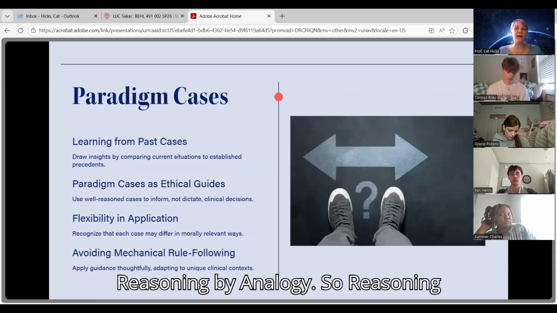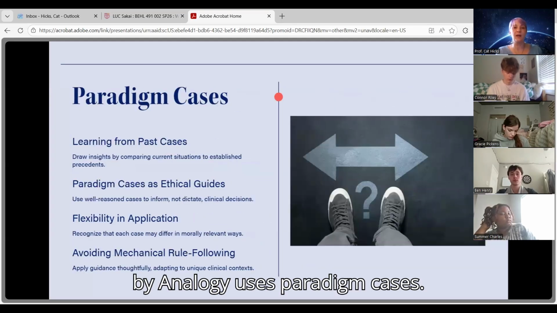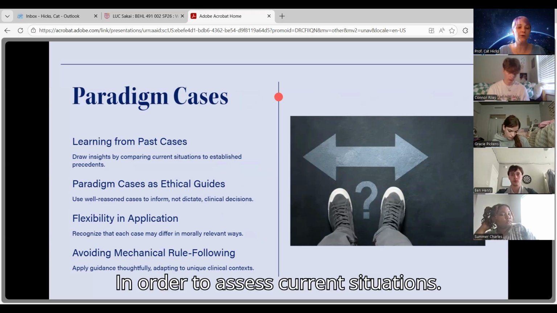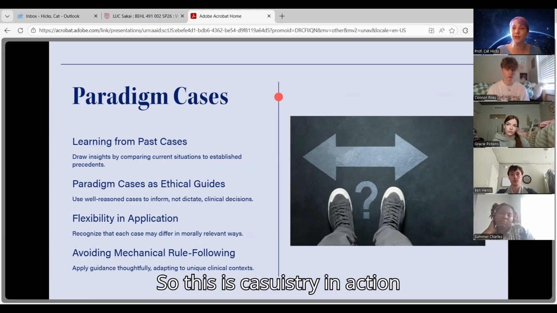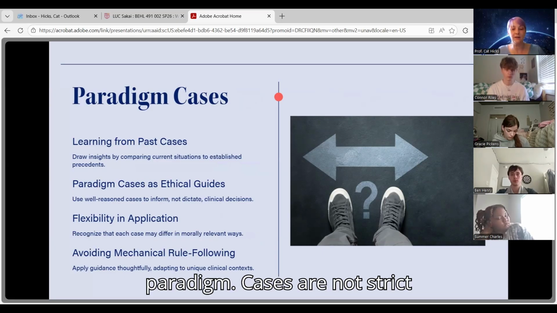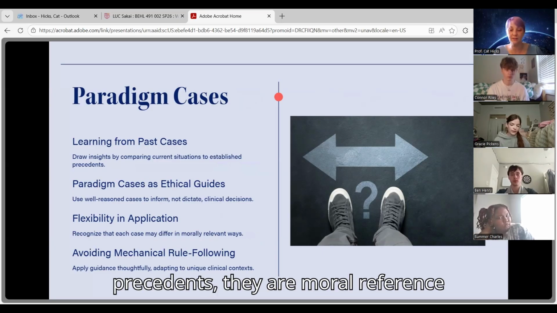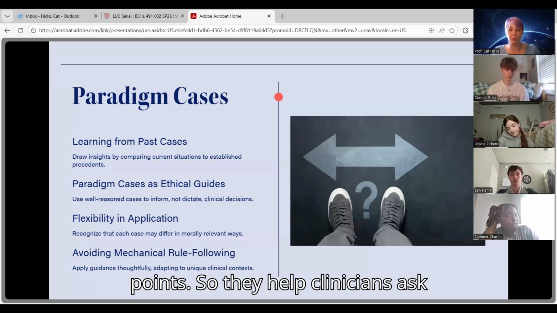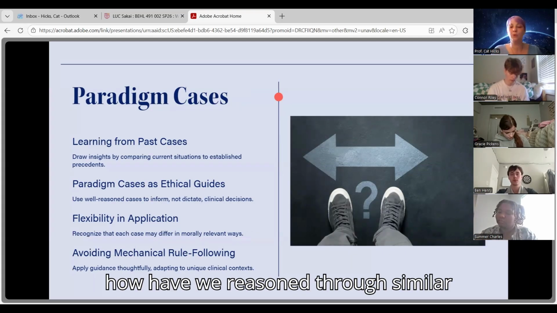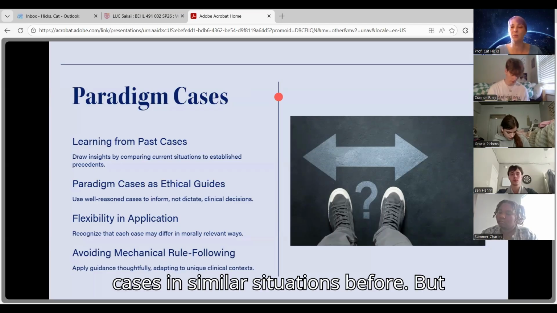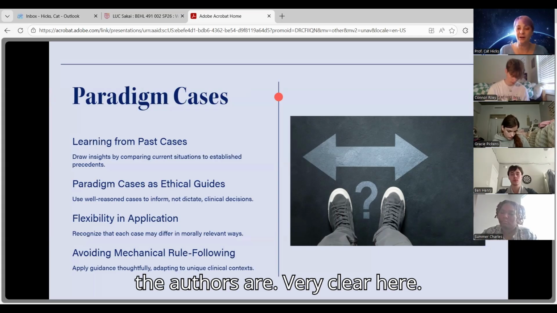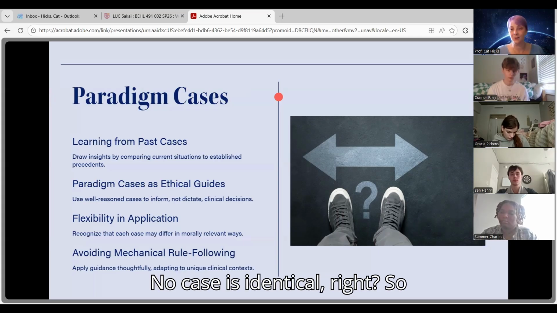So reasoning by analogy uses paradigm cases in order to assess current situations. So this is casuistry in action. Paradigm cases are not strict precedents. They are moral reference points. So they help clinicians ask, how have we reasoned through similar cases in similar situations before? But the authors are very clear here. No case is identical, right?